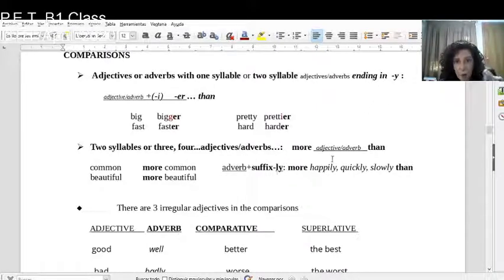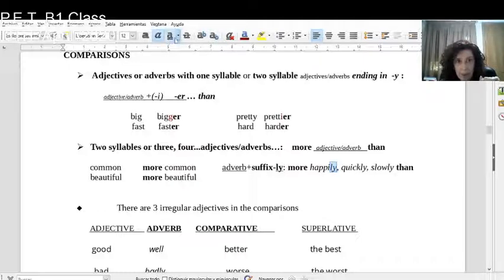If you know that this -ly comes from the suffix to make an adverb, you always have to use more, adverb, and than. Clear? Then more happily, more quickly, more slowly than. Because you know that this is not part of the adverb itself.